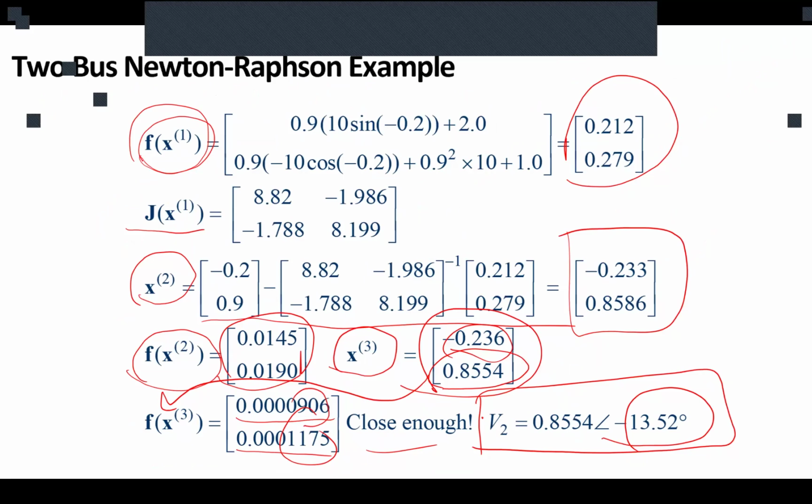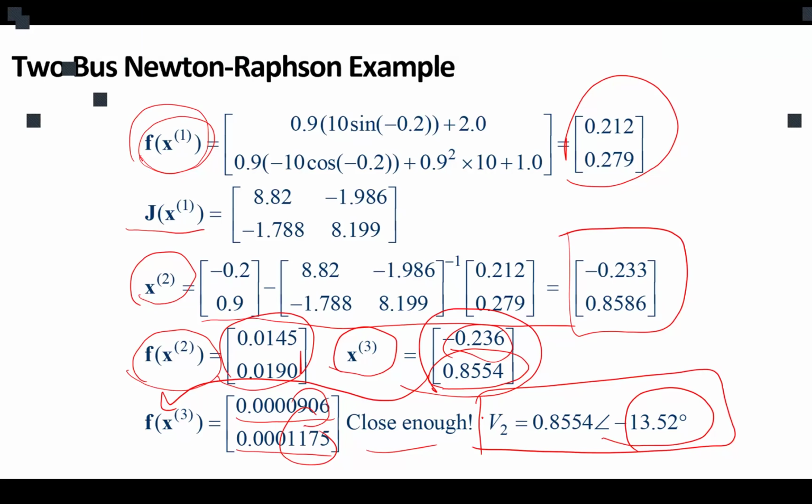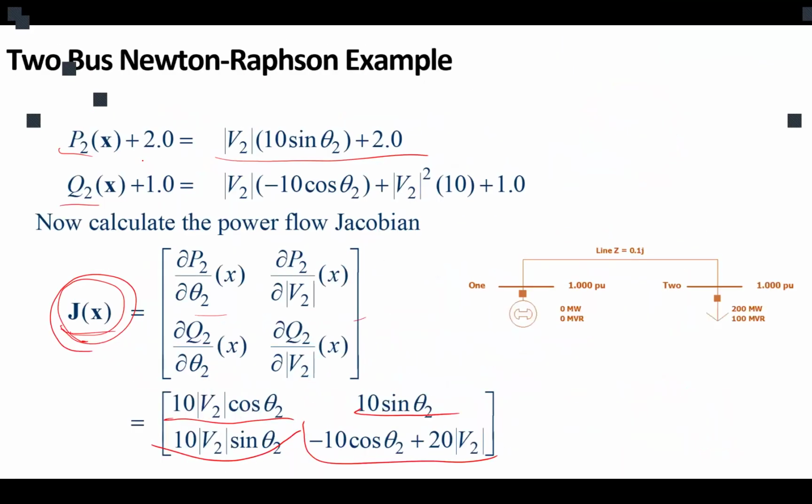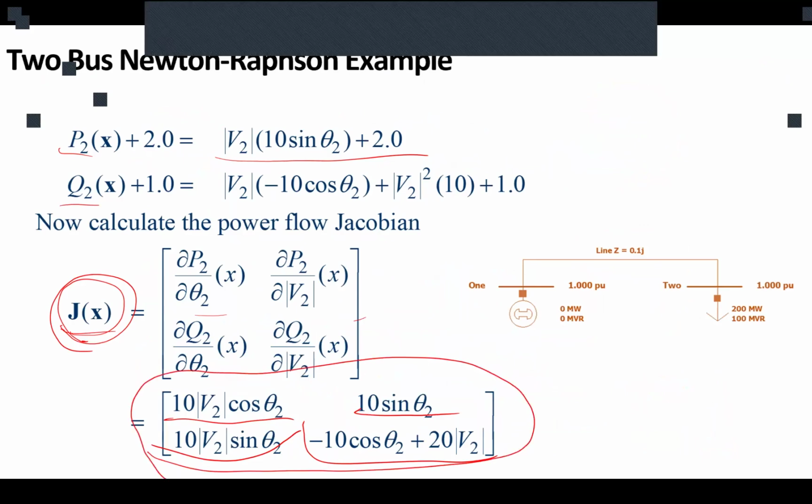Do you use that same Jacobian inverse? No. Same function, different values, because now it's J of x1 instead of x0. Same function. This is the Jacobian. For each guess, you put in the numbers.